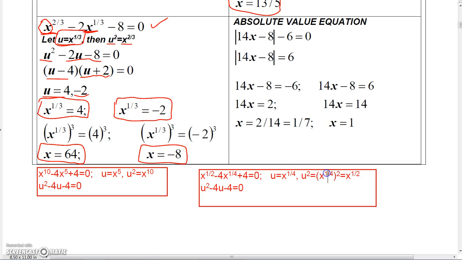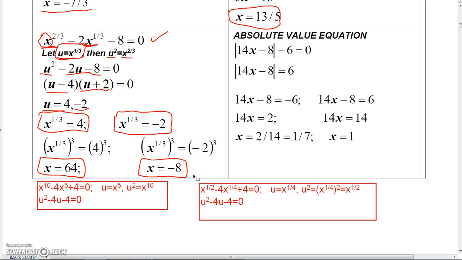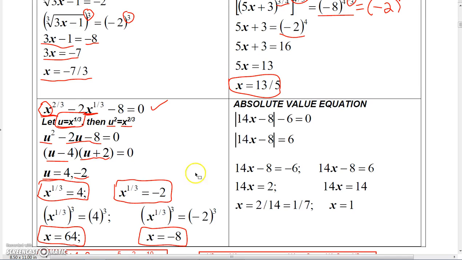And 1/4 times 2, isn't that 1/2? So u is x to the 1/4, u squared is x to the 1/2. So that can be written as u squared minus 4u plus 4, where u is x to the 1/4 power. So just a couple of other examples where you can use this u substitution method to solve.